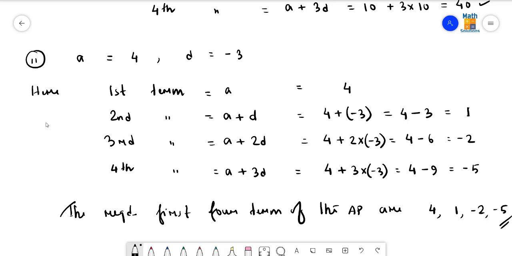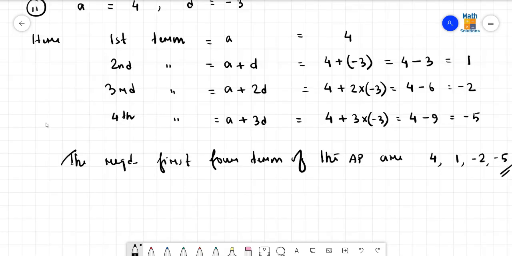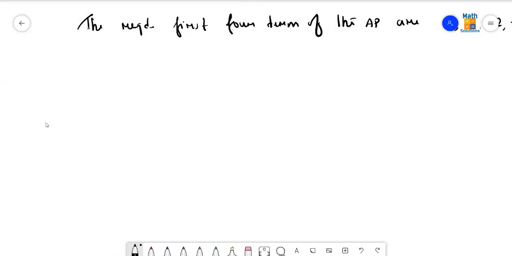So this is the answer for the second one. Similarly, the third one can also be done in the same way. I am proceeding to Roman 4. Here I get A is equal to minus 1, then D is equal to half.